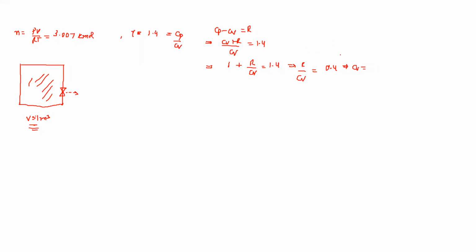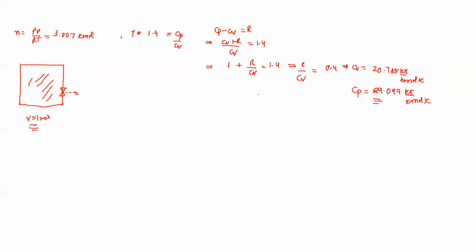R is 8.314 kilojoule per kilomole Kelvin. So Cv is going to be 20.785 kilojoule per kilomole Kelvin. And from here, you'll also get Cp, that is Cv plus R, that is 29.099 kilojoule per kilomole Kelvin.